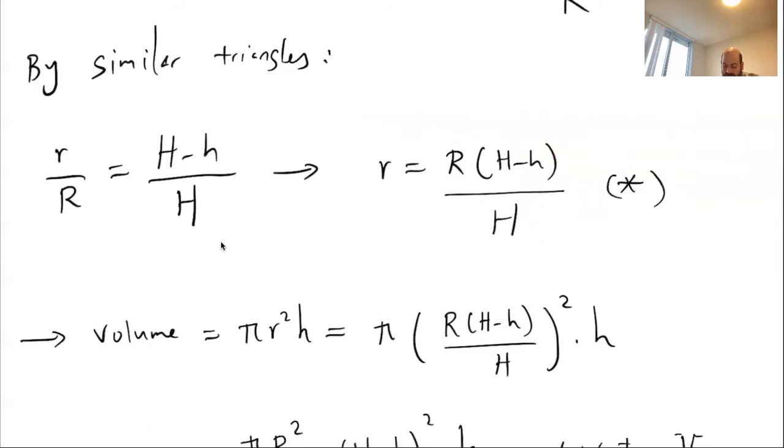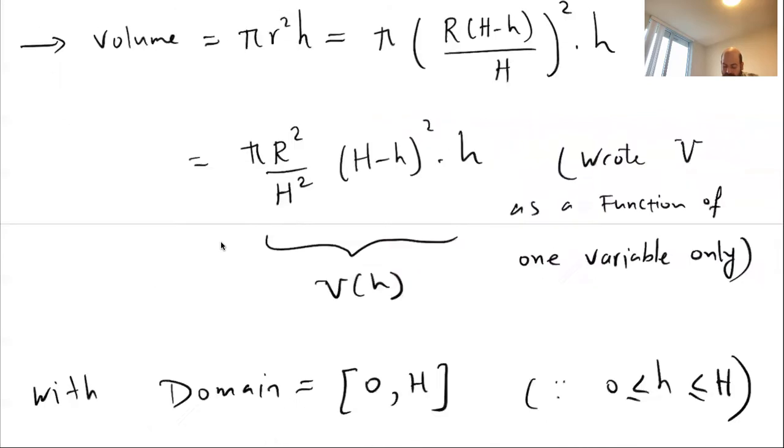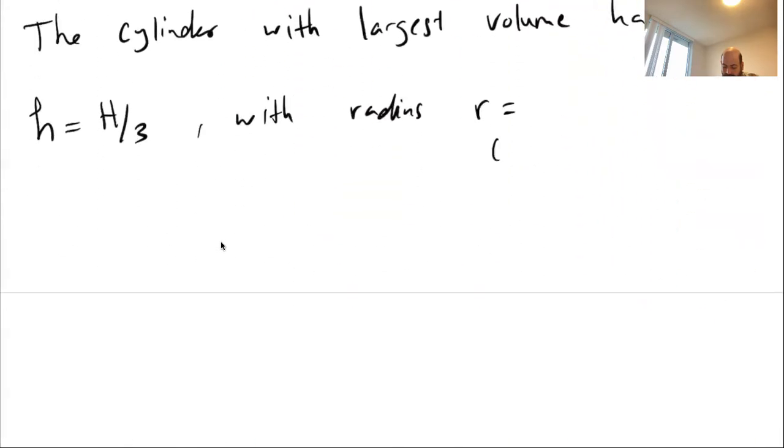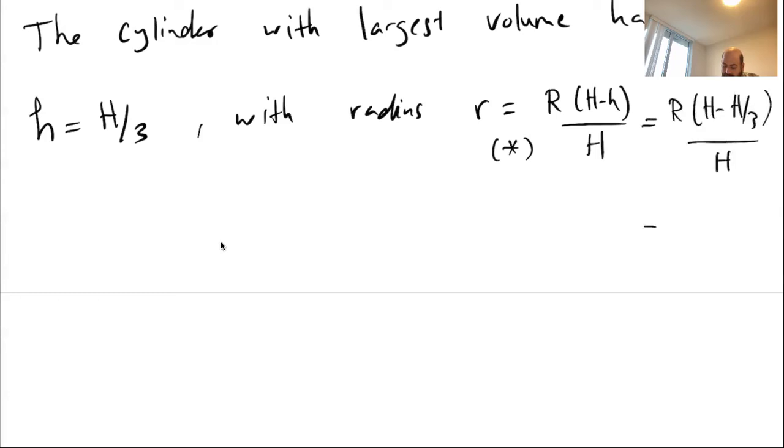So small r is capital R times (H minus h) over H. By formula star, capital R times (H minus h) over H equals R times (H minus H over 3) divided by H. So this is 2R over 3.